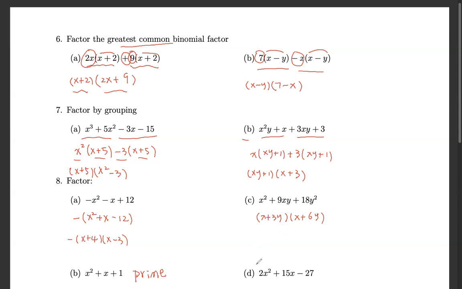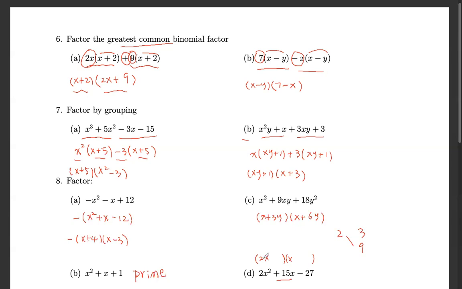Let's see D. D, the first term only has one way to factor it, right? 2x and x. Then think about the negative 27, to play with these two to get the middle term 15. 27 can be thought of as 3 times 9. Right? 2 times 9 is 18. 18 minus 3, that's 15.